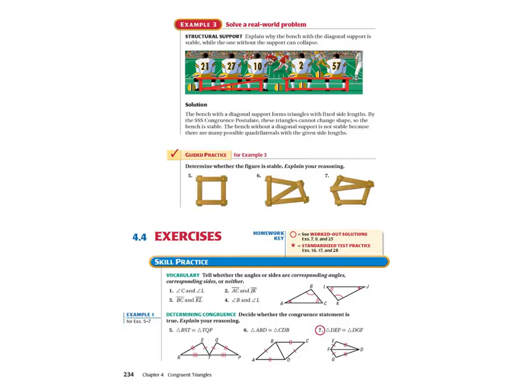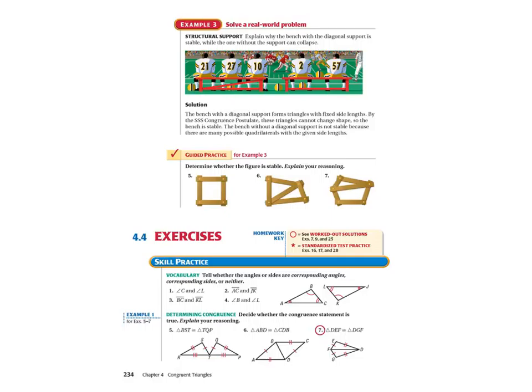Okay, and the last example for another nice short section here is example 3. This is a nice real-world problem. What it's saying is explain why the bench with the diagonal support is stable, while the one without the support can collapse.